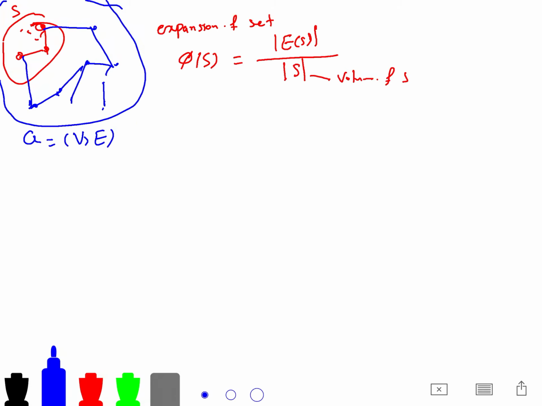So you want to see the expansion of the set, I mean, how much of a bottleneck a set is. You remember, it was a bottleneck that didn't allow heat to be distributed, and so it's the measure of how much of a bottleneck a set is.